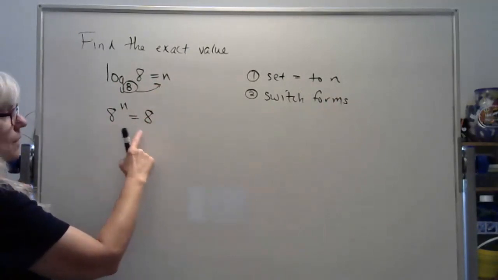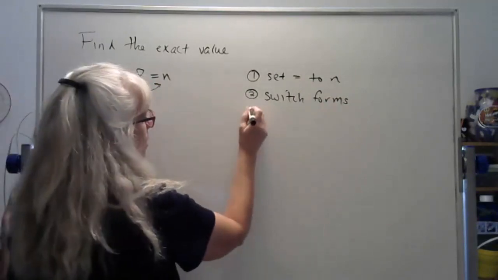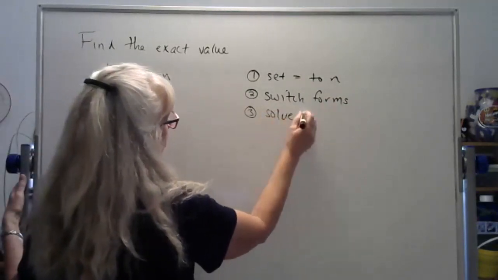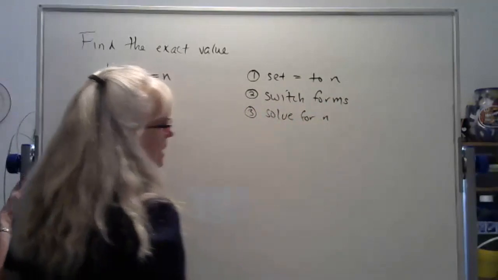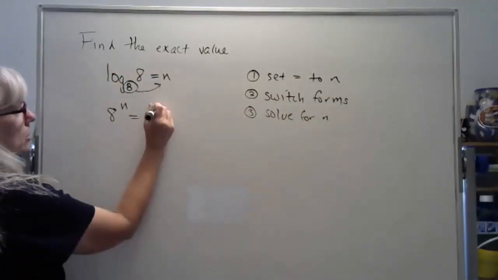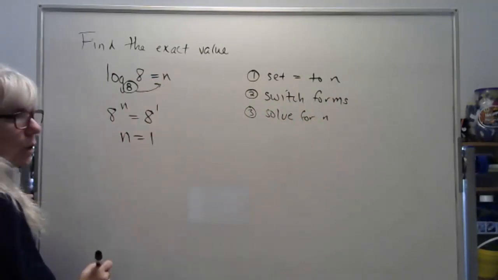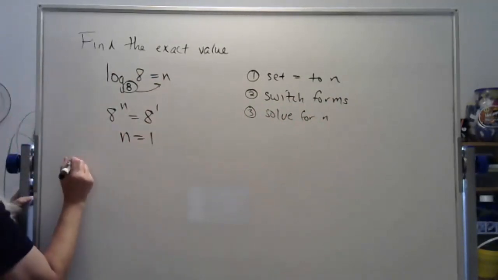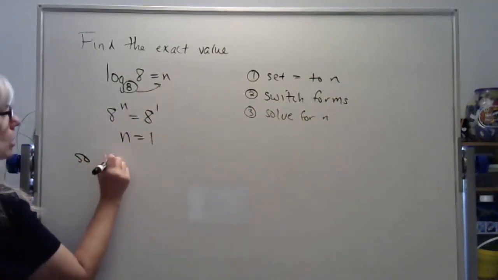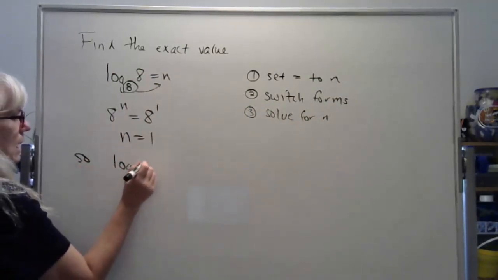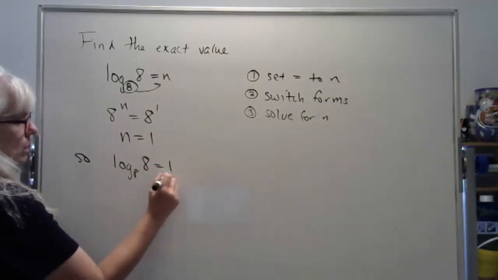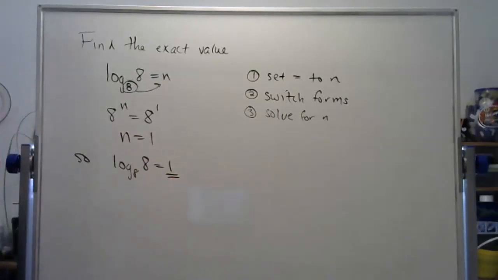This springboards off of yesterday's, so now we're going to solve, and that's by making the bases equal. We already know that there's a 1 sitting over there on the right side, so n is equal to 1. So in conclusion, log base a of a is equal to 1. So 1 is the final answer.